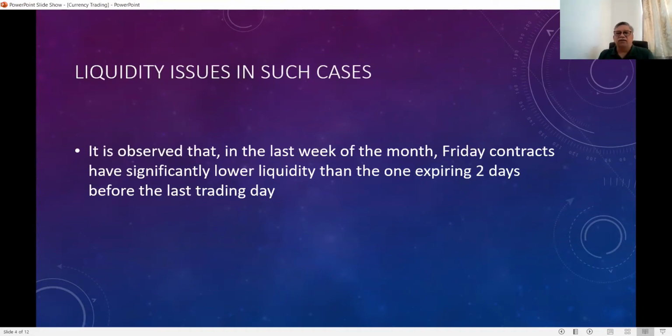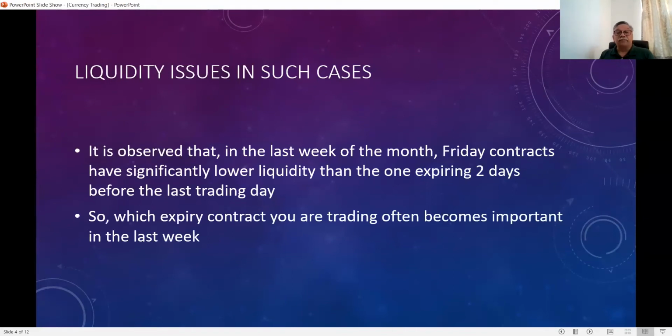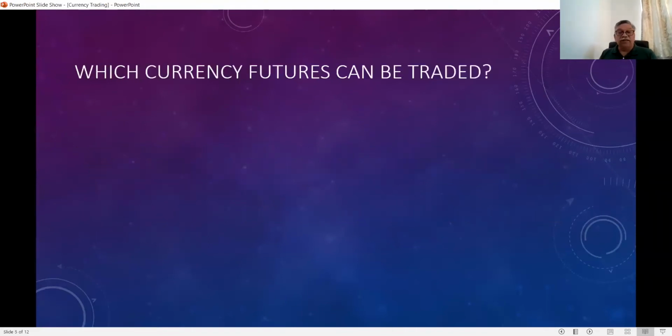So as I said, it is observed that in the last week of the month, Friday contracts have significantly lower liquidity than the one expiring 2 days before the last trading day. So at the end of the month, whichever contract you are trading, you have to see which one exactly you want to trade and how much the liquidity is. Other Fridays, no problems. Okay. So just check the liquidity.